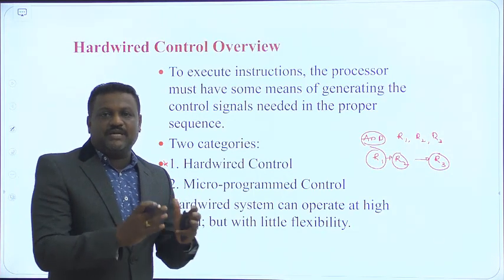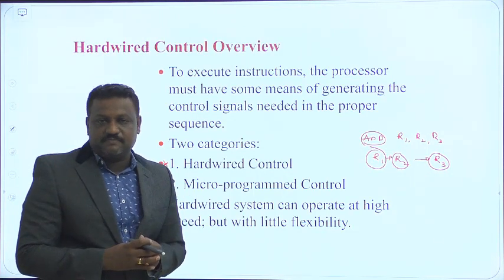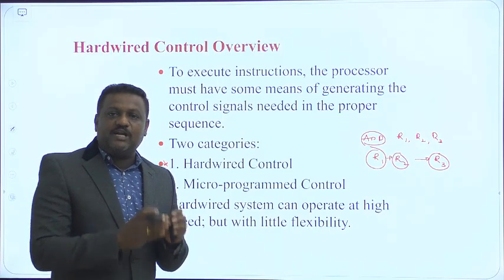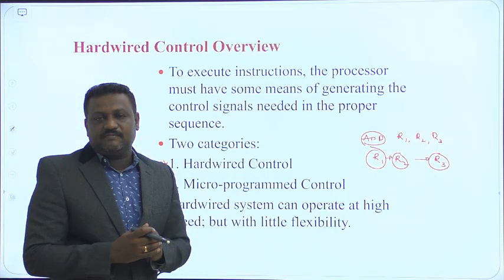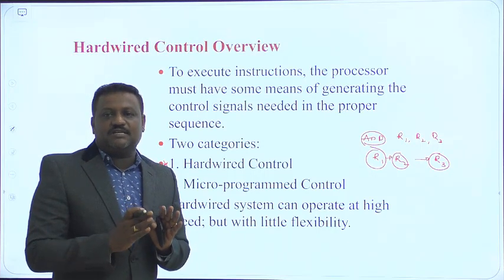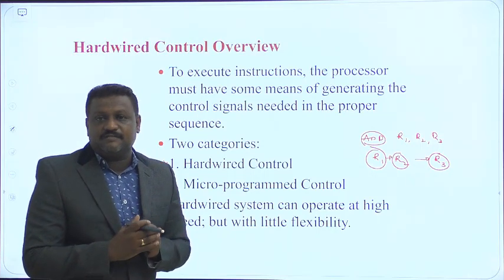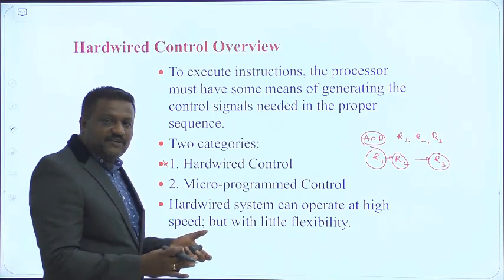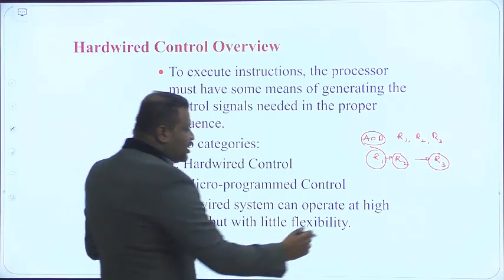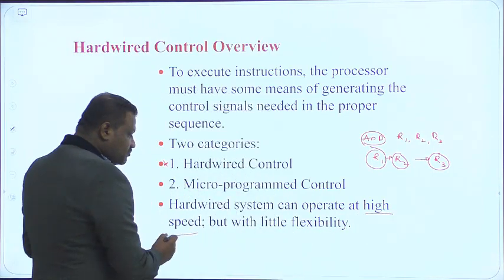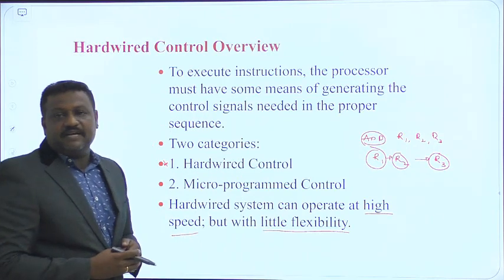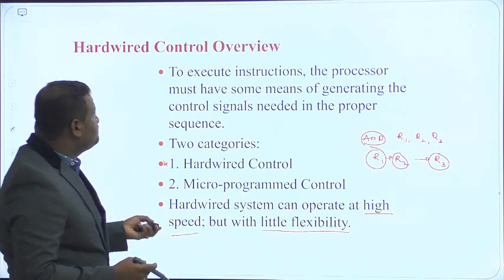We will discuss within a few minutes why it generates control signals at a faster rate. At the same time, at the end of this class, we can identify that the flexibility of this hardwired control unit is less. So, at the end of this lecture, you may identify why the hardwired system can operate at a higher speed as well as with little flexibility. You can easily identify. Right.